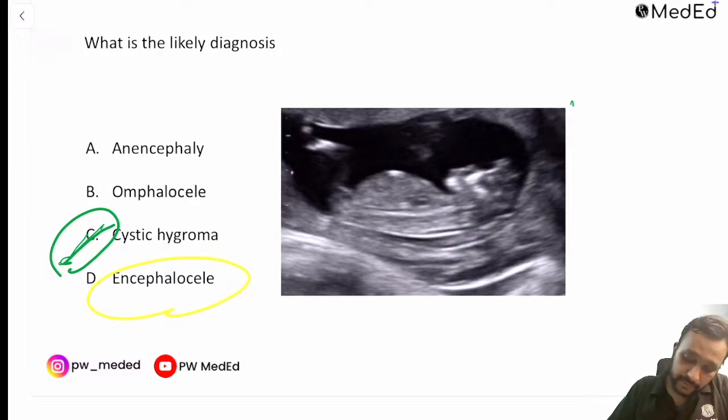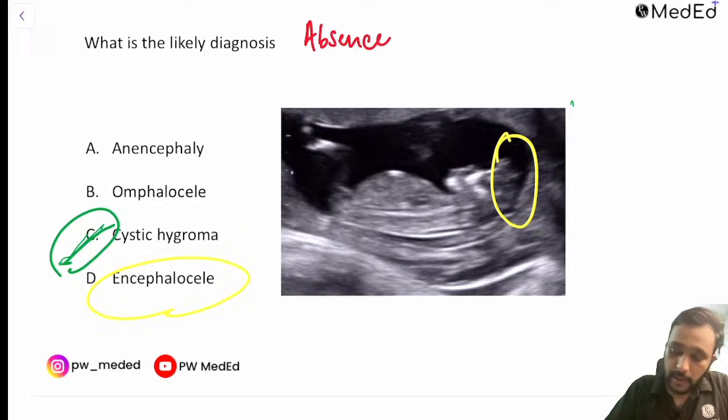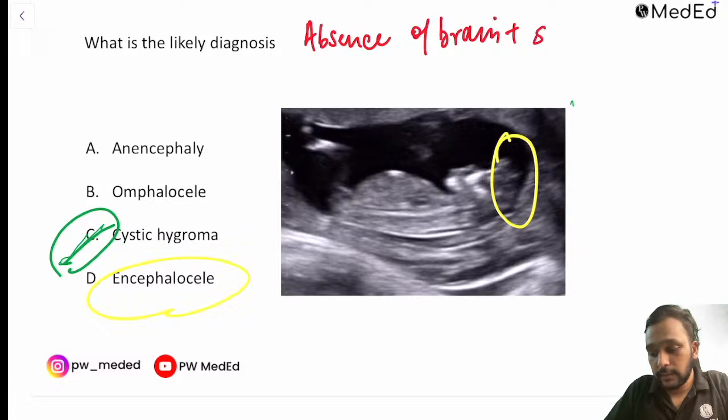What is anencephaly? So anencephaly is absence of the brain parenchyma as well as skull vault. So here in this image, we can see that there is absence of part of brain as well as skull vault, right?